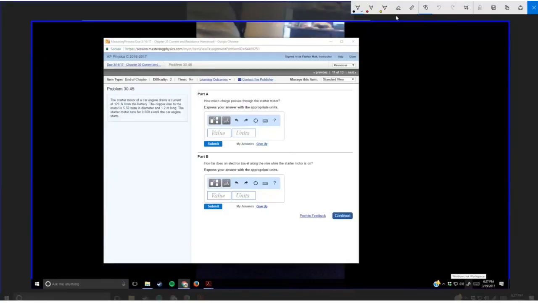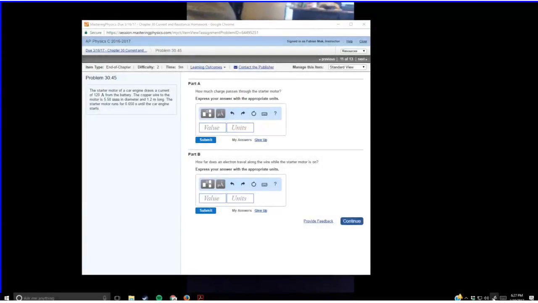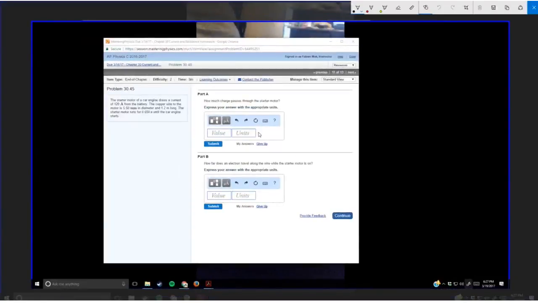So I think I can write on here. Okay. Starter motor has a certain amount of current. Okay, so how much charge passes through? I think this one's pretty much just using current. So 120 amps means it's 120 coulombs per second.